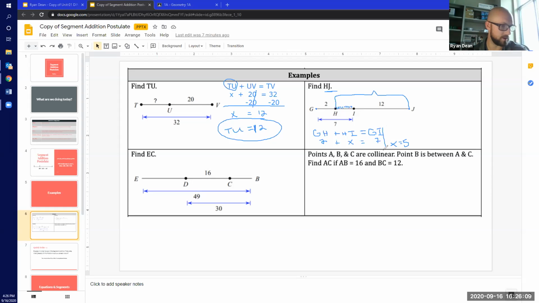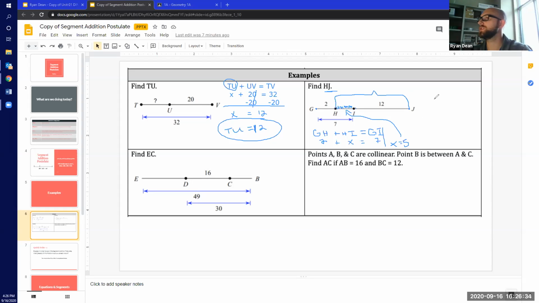So this is not our answer because we still have not found what HJ is. Okay, but we needed HI because to go from H all the way to J, we have to know what this distance is. So again, that was the whole reason that we found HI. So this 5 just gets placed right here.